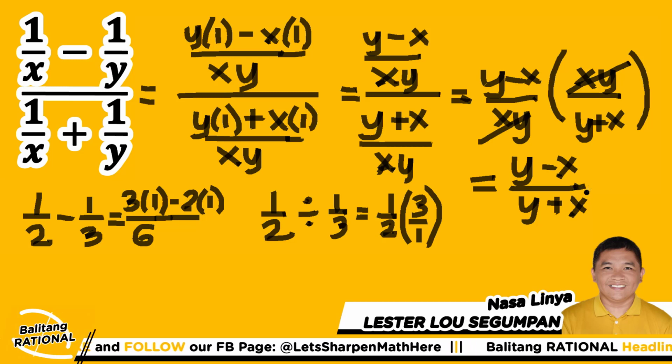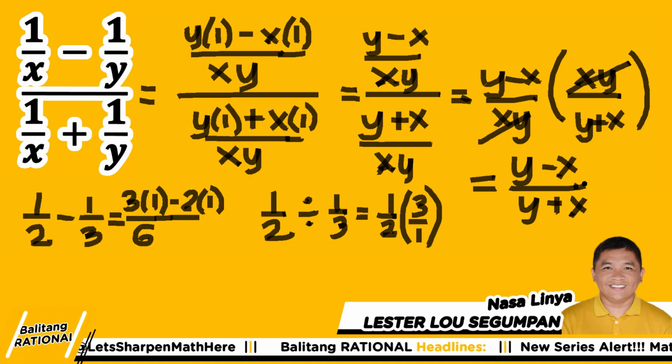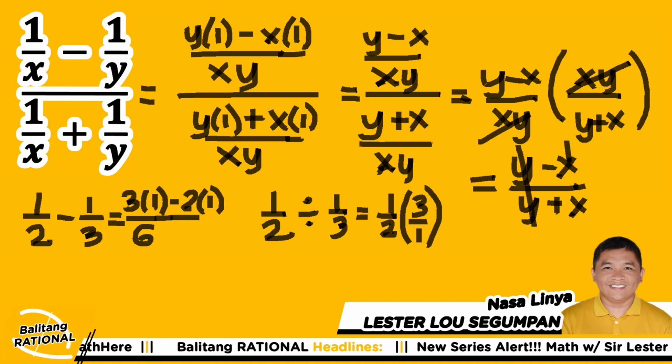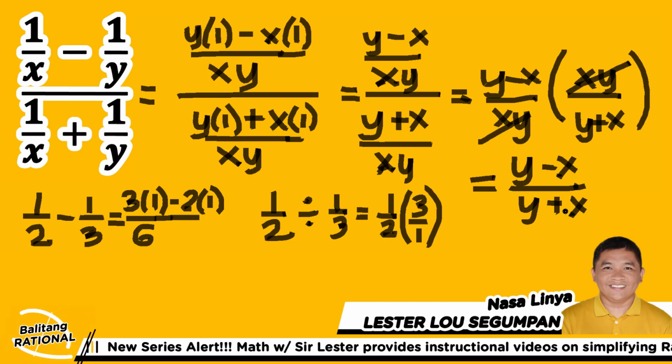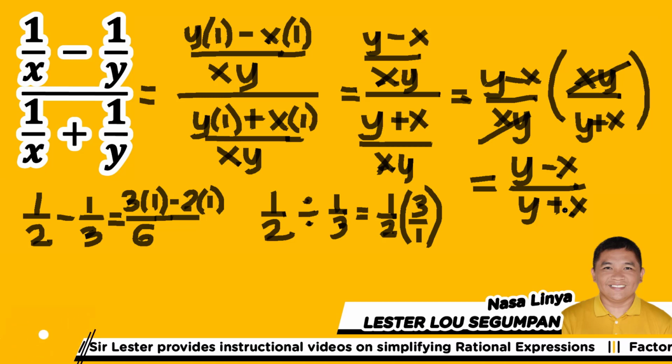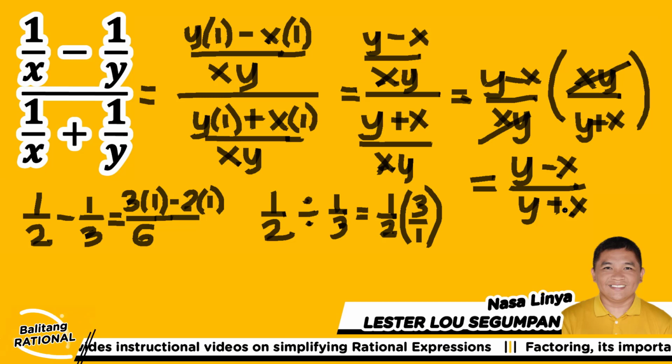So this is now the result. Now, some of us here, baka yung gagawin natin ganito at saka ganito sa kabila. Di po pwede. Kasi nga po, yung cancellation law natin will only work on terms, coefficients, or expressions separated by multiplication because the complete name of cancellation law po ay cancellation law for multiplication.